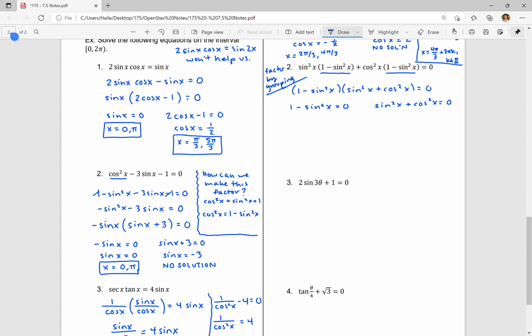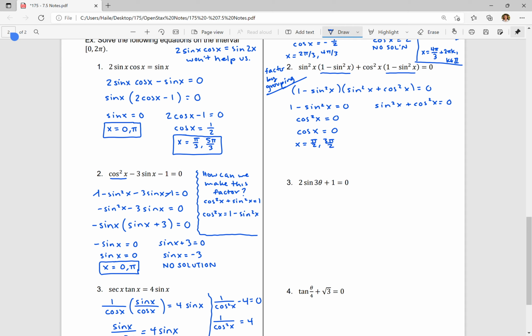So we could go ahead and move the sine squared x over, or we could say that 1 minus sine squared x is just cosine squared x, and that's equal to 0. So if we square root both sides, cosine x, again, equals 0, which gives us that x must be pi over 2 and 3 pi over 2.